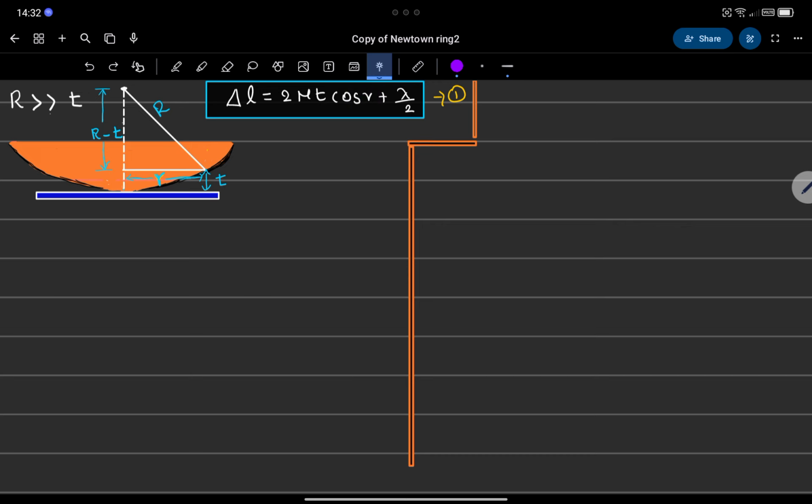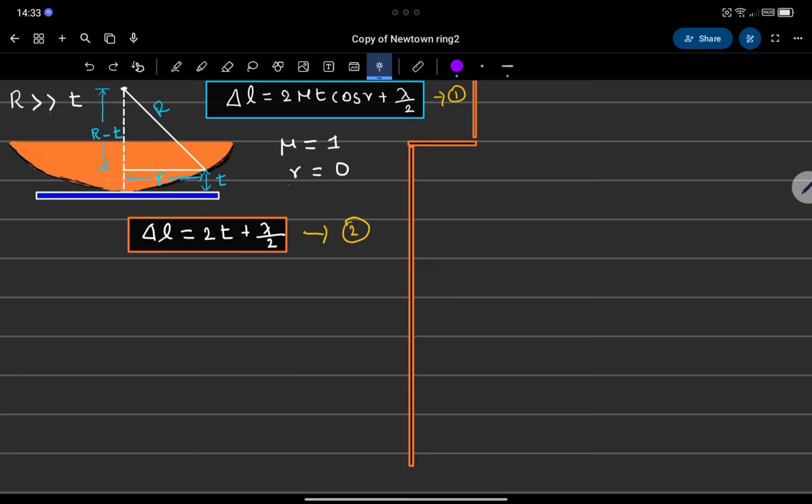In our case, the thin film is made of air, so the refractive index must be 1, and since the rays are incident normal to the plane of the plano-convex lens, the angle of incidence is 0, so the angle of refraction must also be 0. Substituting these into equation 1 gives the path difference between the two rays as 2t plus lambda by 2.